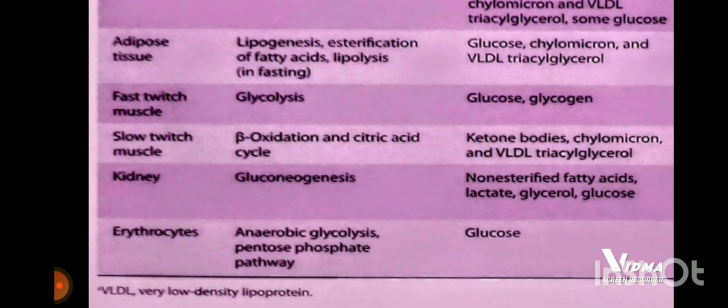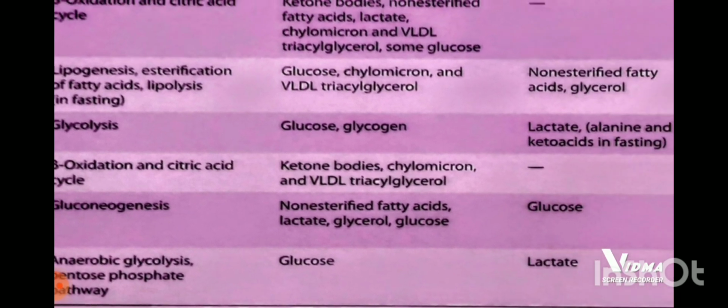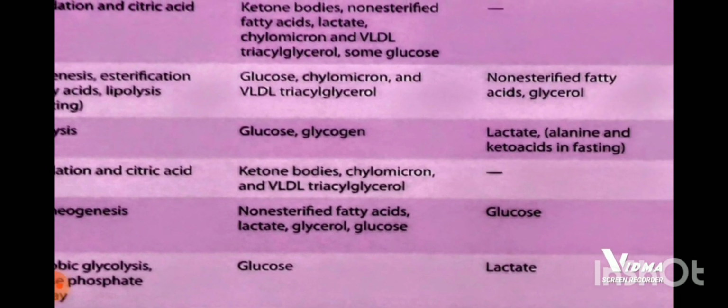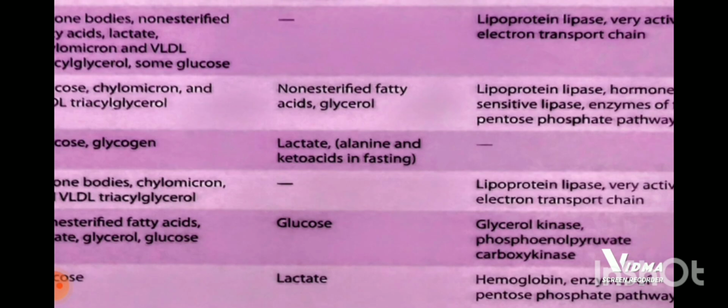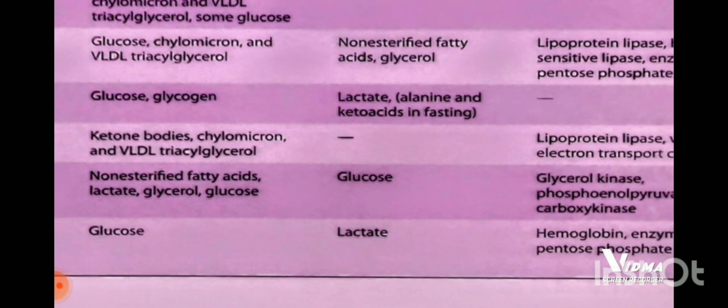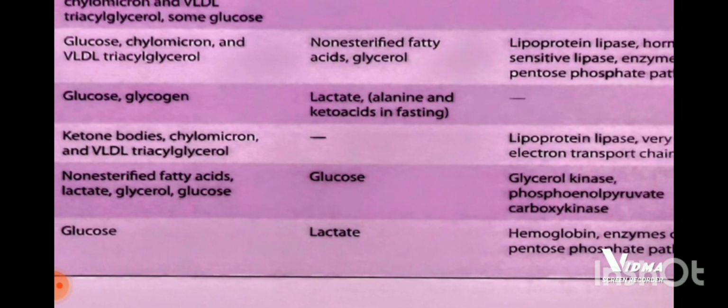In slow twitch muscles: the enzymes involved in beta oxidation and citric acid cycle, with ketone bodies, chylomicron and VLDL as the main substrates, and lipoprotein lipase and electron transport chain.